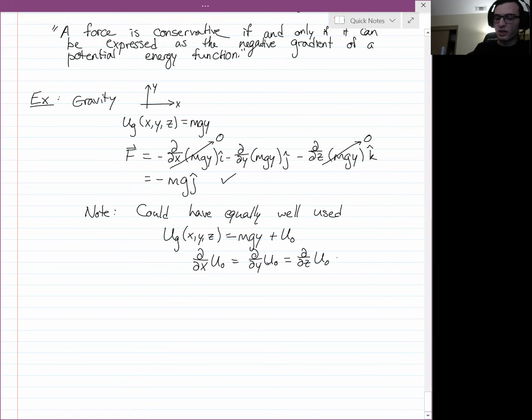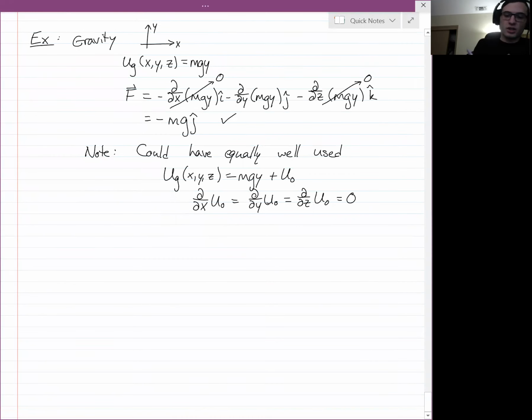And that's just because U naught's a constant. So the point is to go from potential energy to force, you end up having to take derivatives. And so, of course, it's okay to add constants because the derivative of a constant is 0. And if at the end of the day, all we care about is the difference in potential energies and derivatives of potential energies, any constants just don't affect your end result at all.